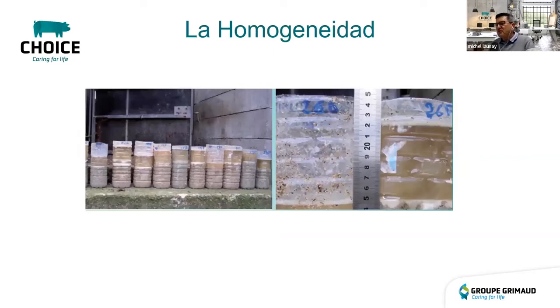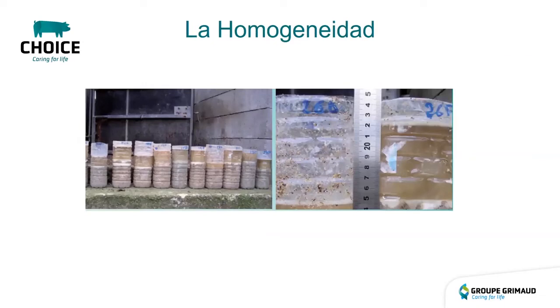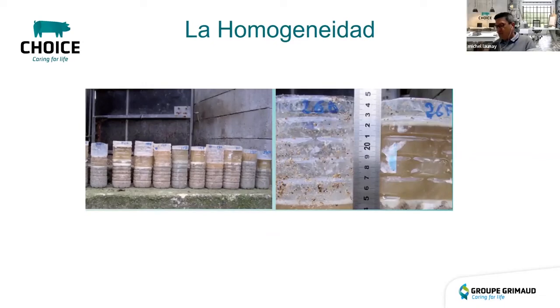The second thing we have to check is the quality of the distribution. By the quality of the distribution, that means homogeneity, but also the quantity dropped in each trough. Sorry.